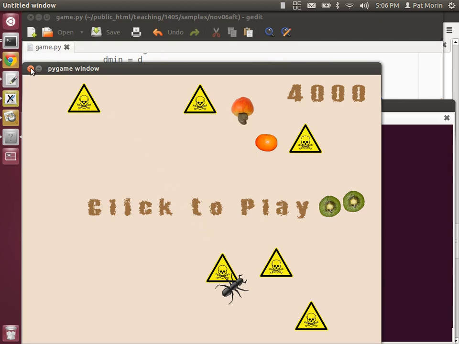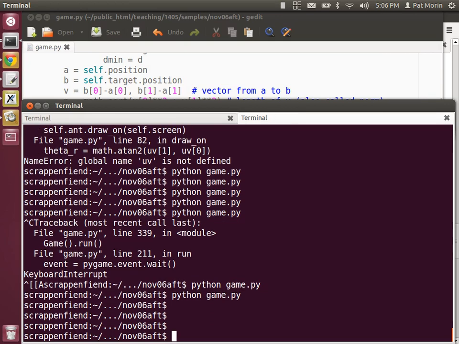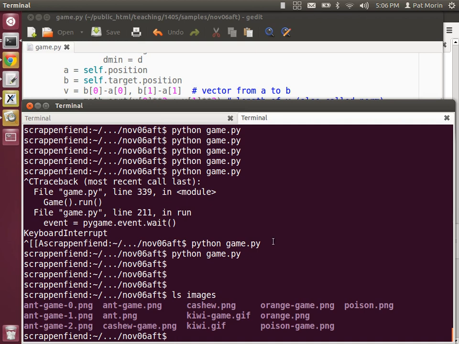But another realism problem with this game is the ant's legs. The ant's moving, but the legs aren't, and it just kind of looks like he's stuck on a magnet or something. So maybe we can take a quick look at how to fix that.